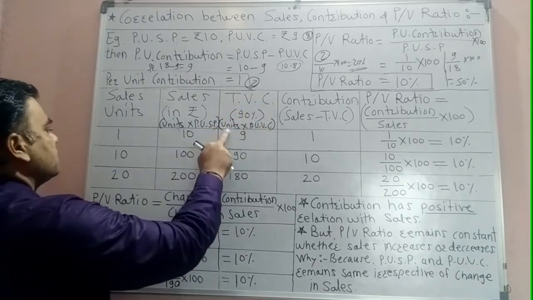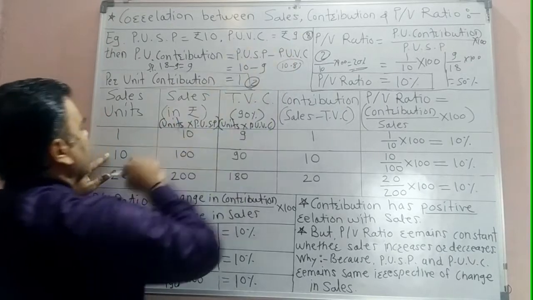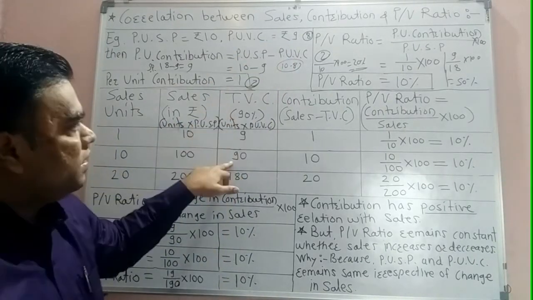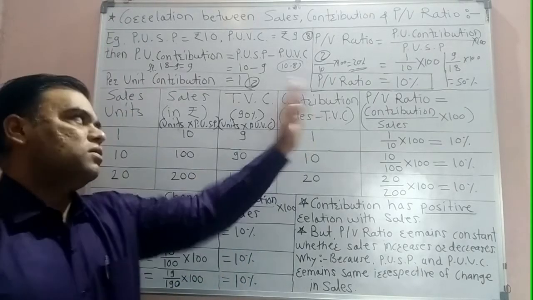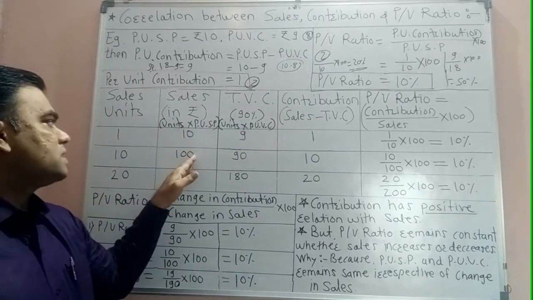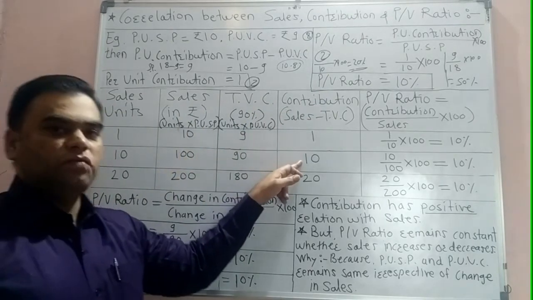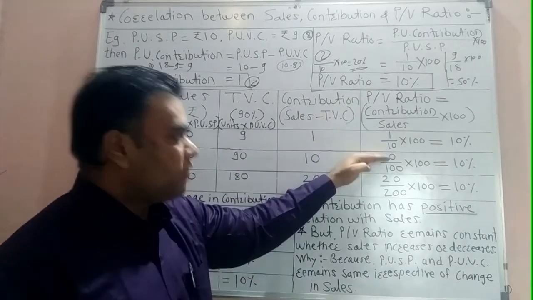Number of units 10, per unit variable cost 9. 10 into 9, 90 will be the total variable cost. Then what will be the amount of contribution? Contribution is equal to sales less variable cost. So sales 100 less variable cost 90, then contribution will be rupees 10. Then what will be the PV ratio?